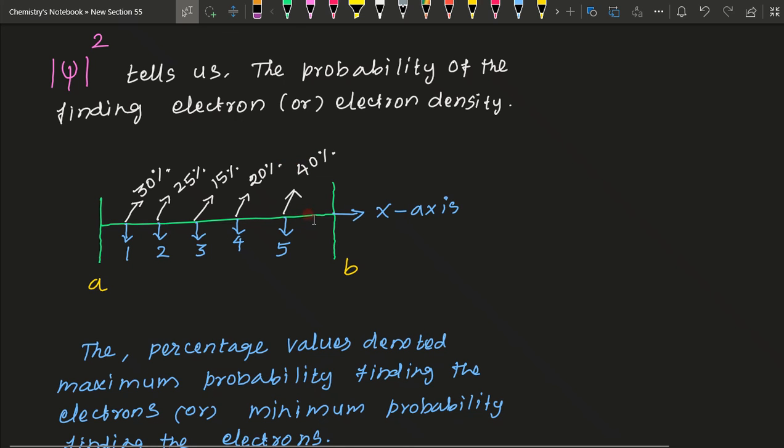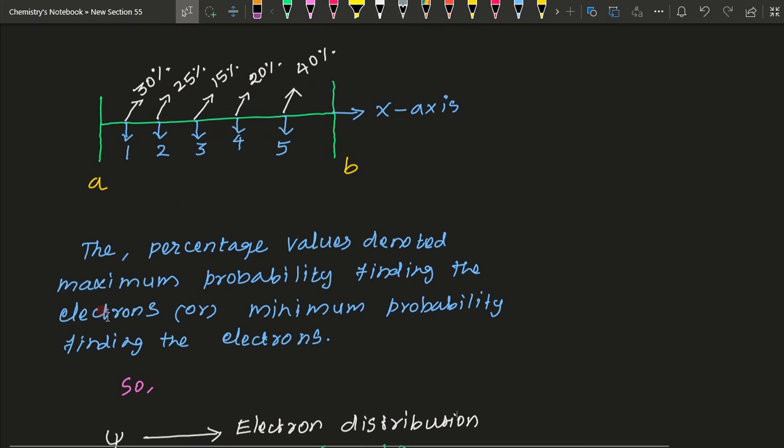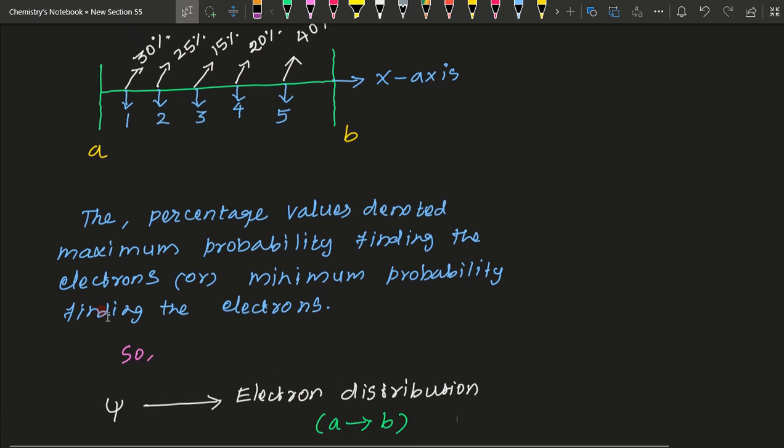Please keep in mind, this boundary region tells us the distribution of the electron, but psi square tells us the maximum probability of finding the electron. The percentage values denote maximum or minimum probability of finding the electrons.